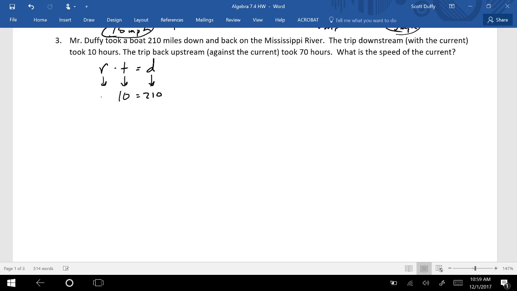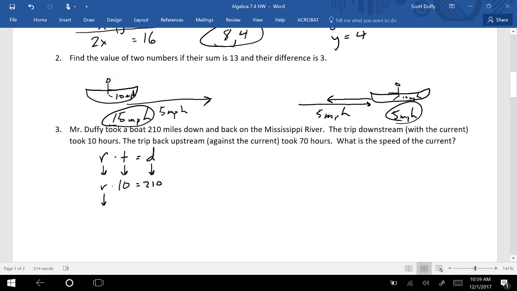And the rate, we don't know. But what I do know is that the rate is not actually my rate. The rate is a composite, just like up here, where my boat and current together equals 15. Boat was 10, current was 5, had to add them together.